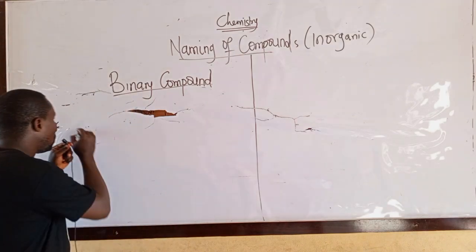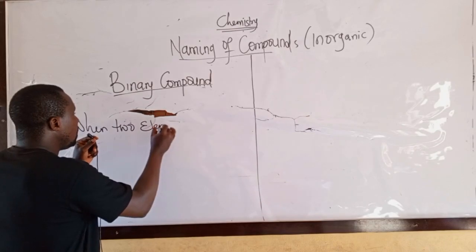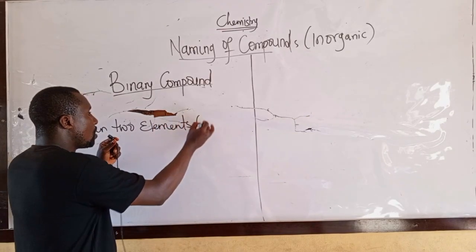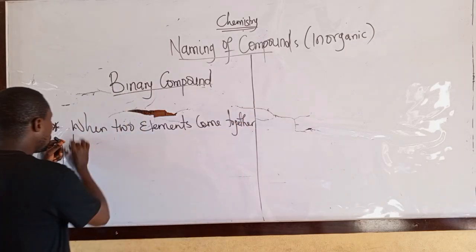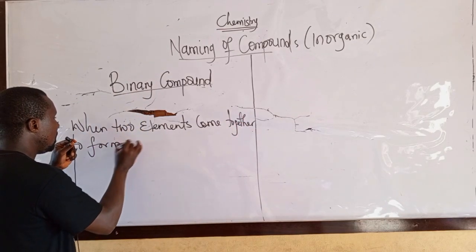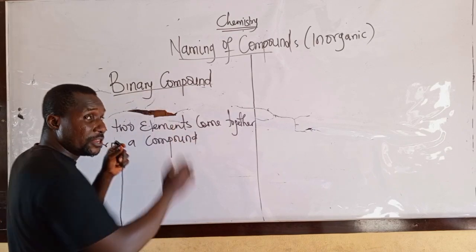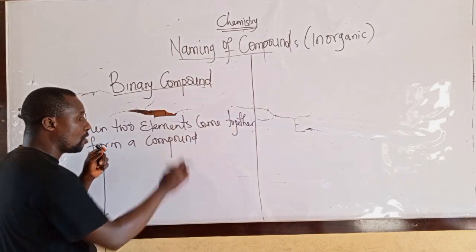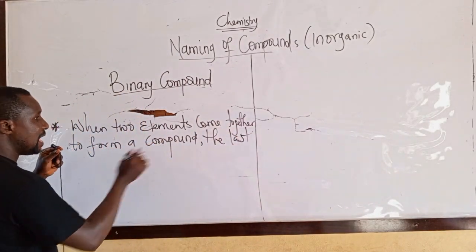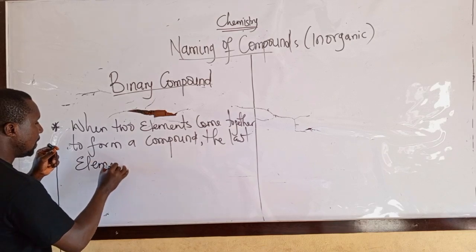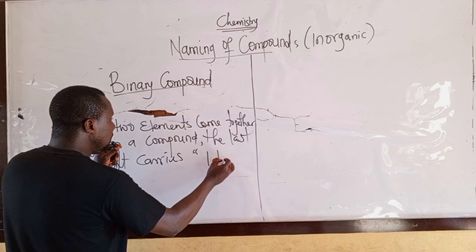Take note. What is the rule? The rule says that when two elements come together to form a compound, which is known as a binary compound, the last element carries -IDE.